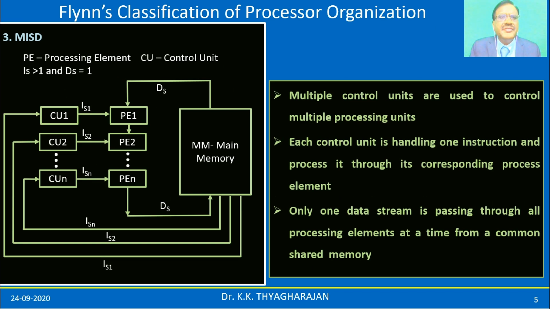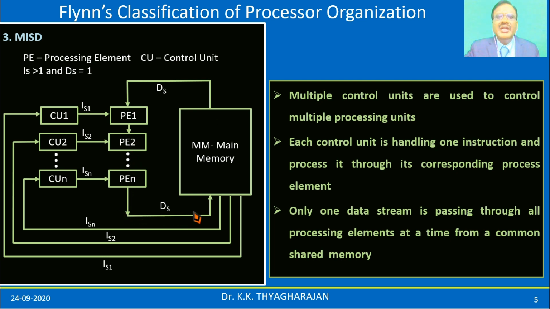The next classification is multiple instructions with single data stream. Since we have multiple instructions, we have to use multiple control units, and each control unit is controlling its own processing unit, but a single data is passing through all the processing elements.